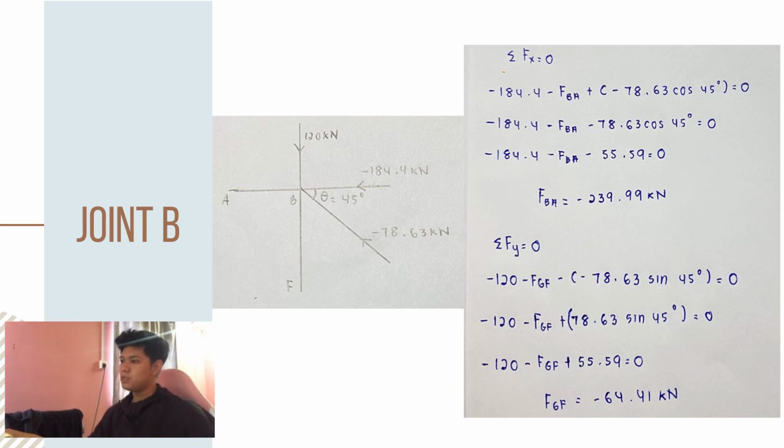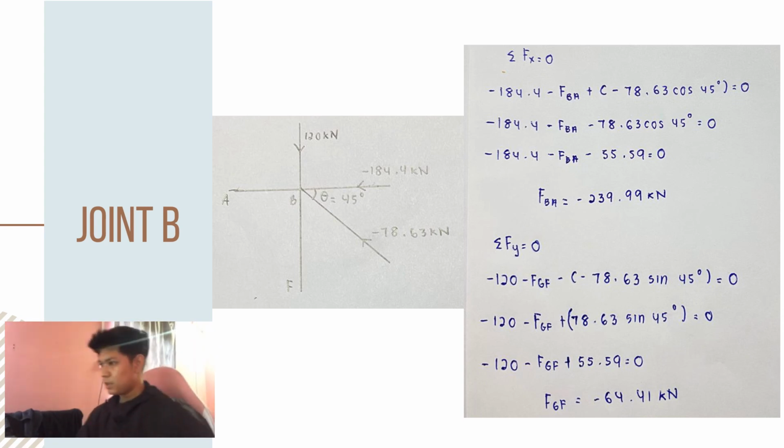At the x-axis we have negative 184.4 minus FBA plus bracket negative 78.63 cos 45 equal to 0. Then we calculate the bracket. We had negative 55.59.